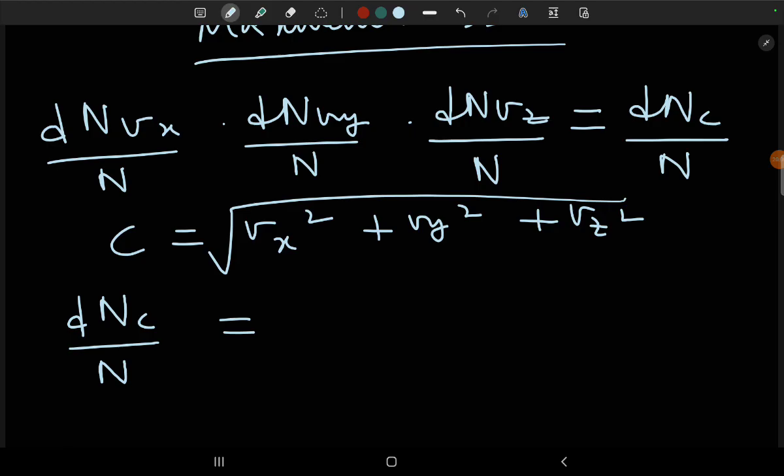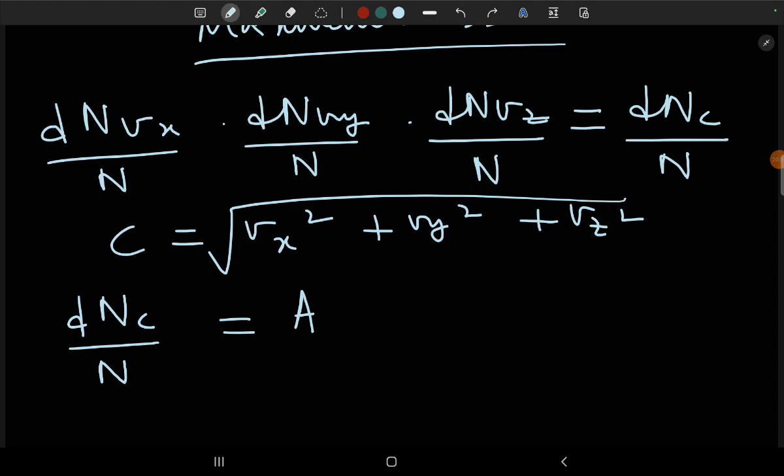The isotropicity assumption enabled us to write the same functional form for all the three directions. So we are just writing the 1D distributions for all the three directions independently.